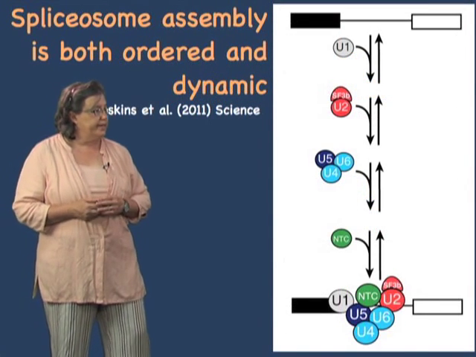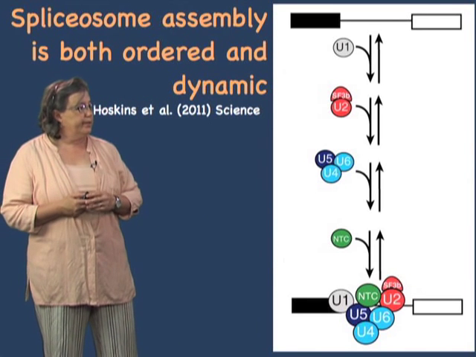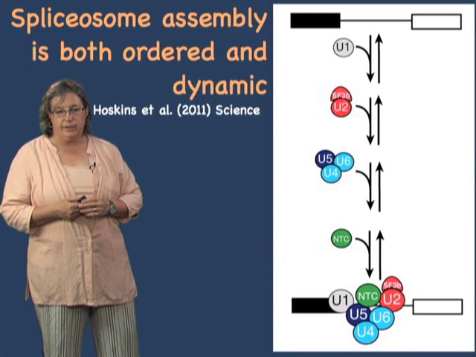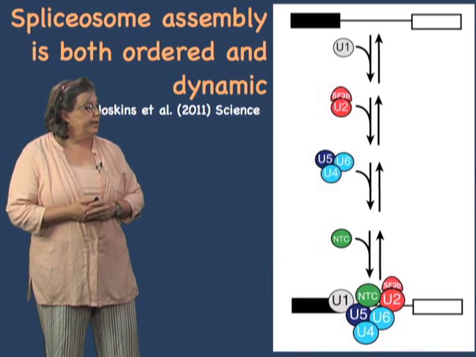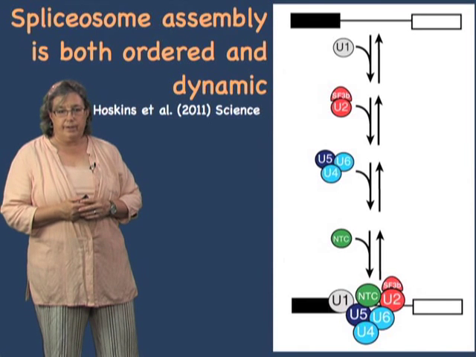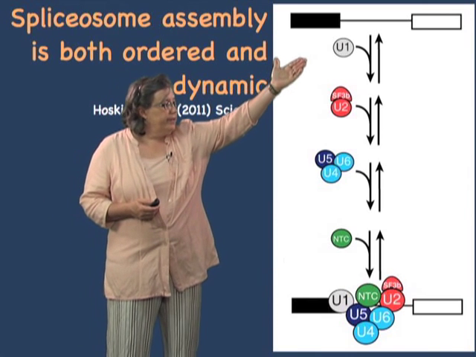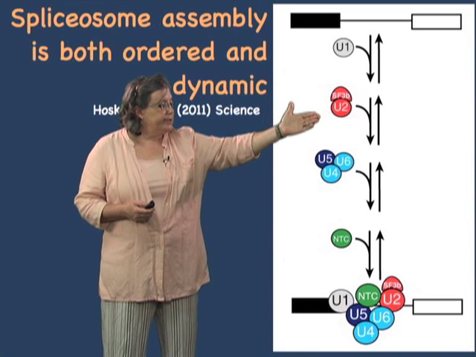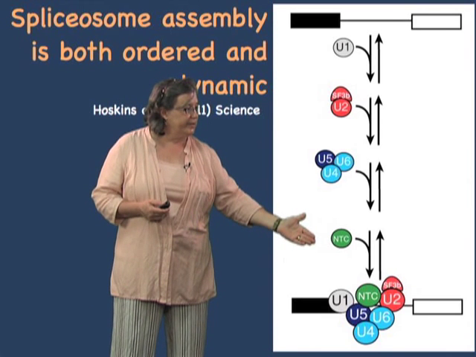And so that leads us to conclude that for this particular pre-mRNA that we've been working with, RP51A, a model splicing substrate in yeast, it is a highly ordered assembly pathway with U1 almost always preceding U2, and then the triple SNRP, and then the NTC comes after that.